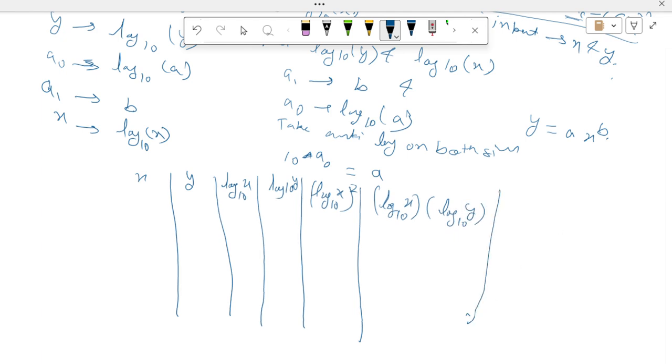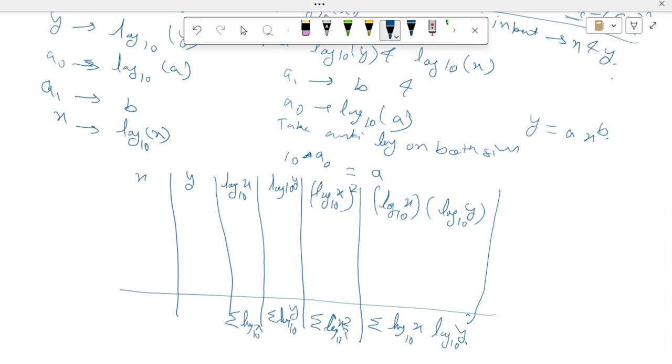And you can use the same equation to find the sum of log 10 x here, sum of log 10 y here, and sum of the log 10 xi squared, and then sum of the log 10 x multiplied by log 10 y, and then you plug everything back in, find out these two things, convert that back to a, and plug it in here.